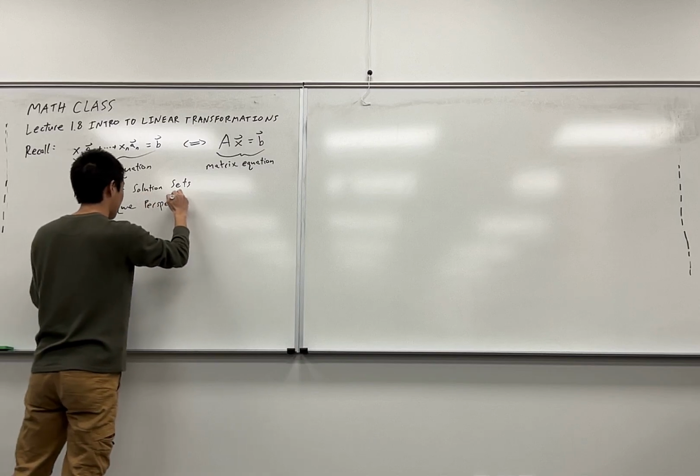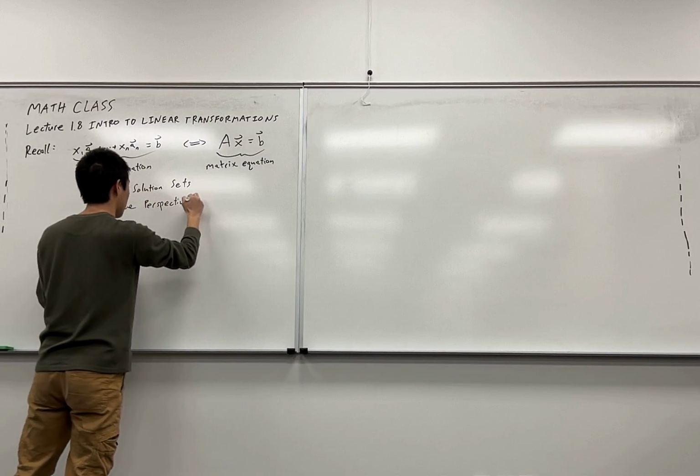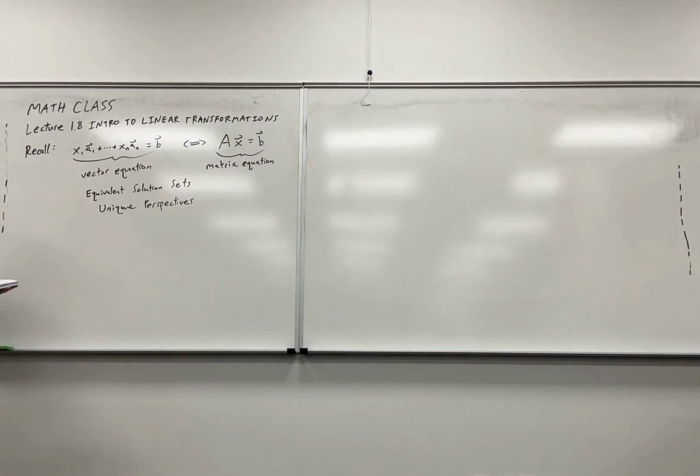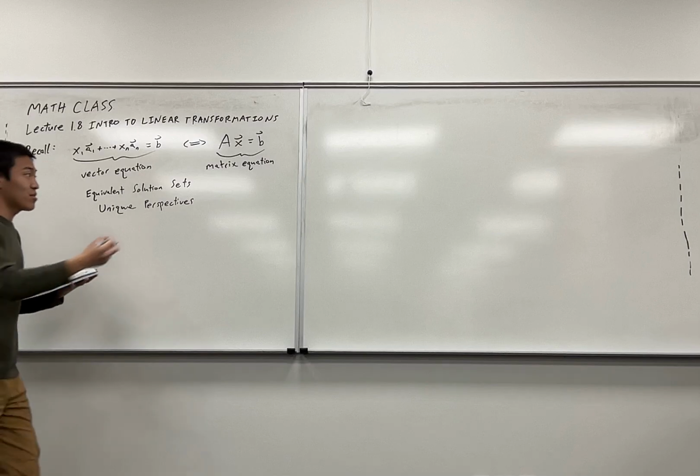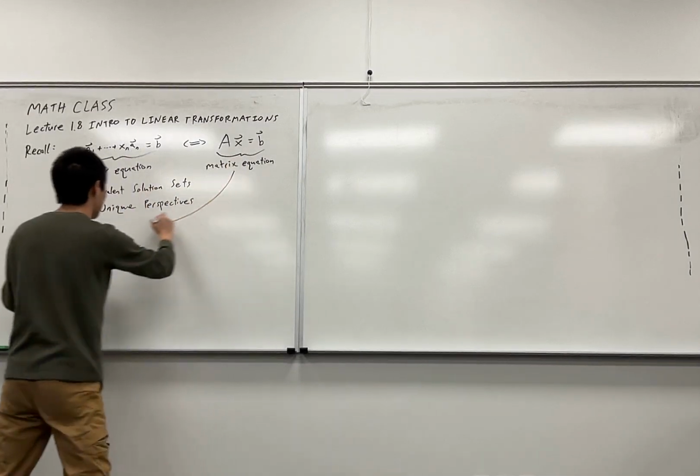And these different types of perspectives is what we like to exploit when we solve certain math problems, okay? So what we're going to do in today's lecture is, we've been talking a lot about the vector equation when we did vector addition, scalar multiplication, and linear combinations. Those were all topics that were building our ability to do the vector equation related perspective. And we're going to shift that focus now to the matrix equation perspective.